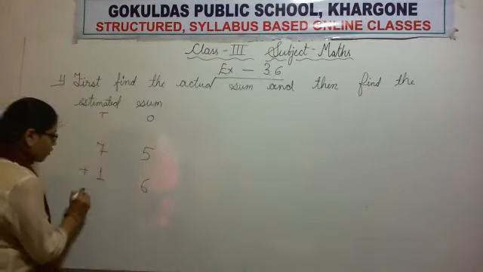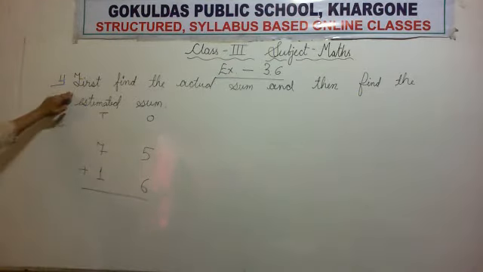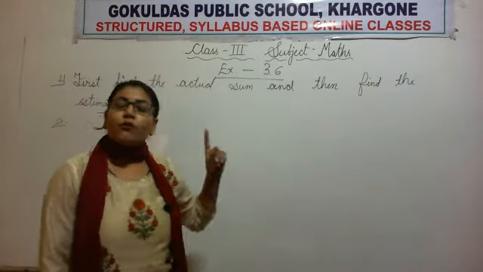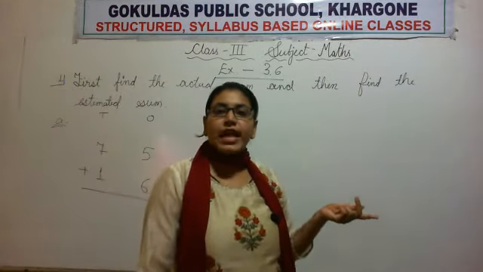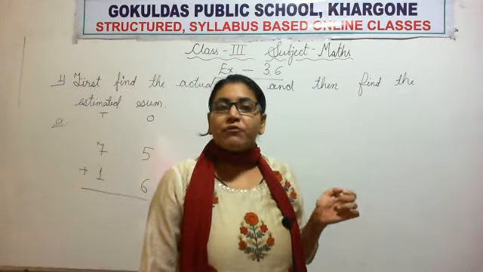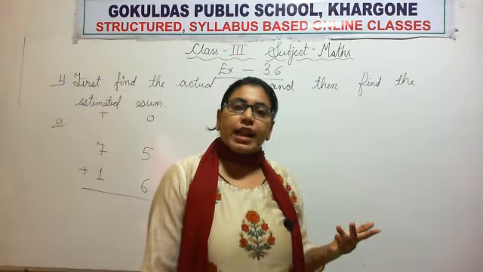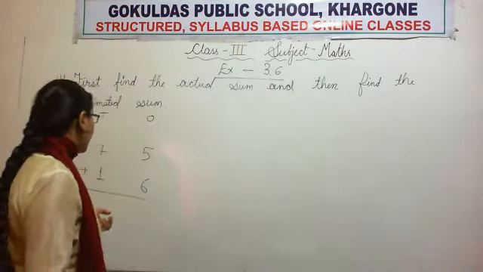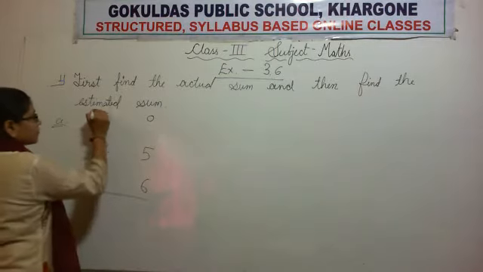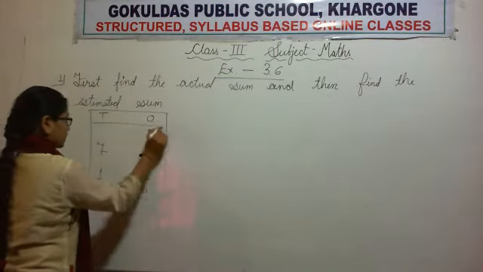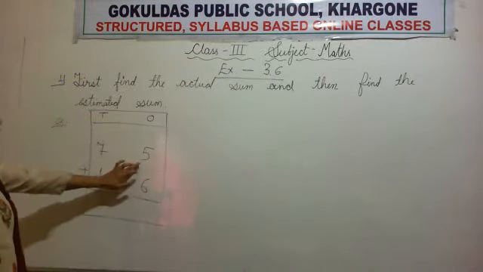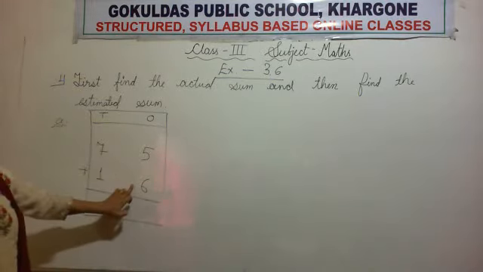Okay? Now, the question is asking us to find the actual sum. So, when we will add the actual numbers, means the numbers given by the question, we will get the actual sum. So, let's add them. Ones place. 5 plus 6.